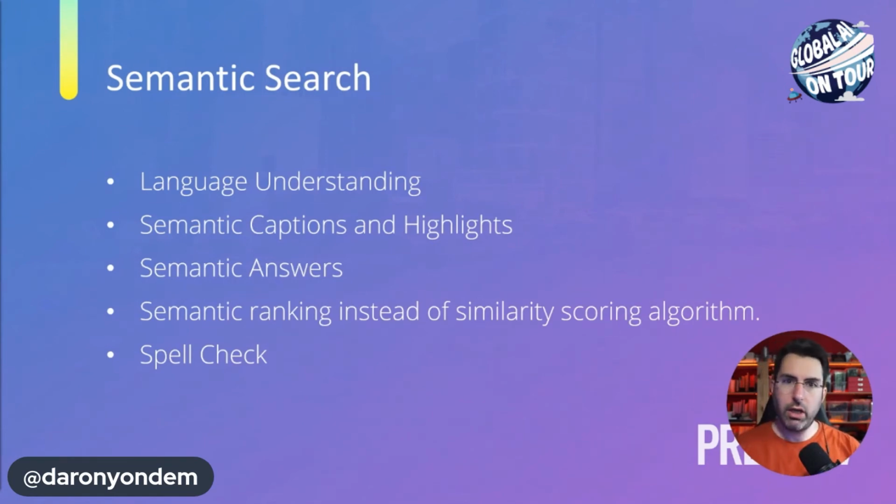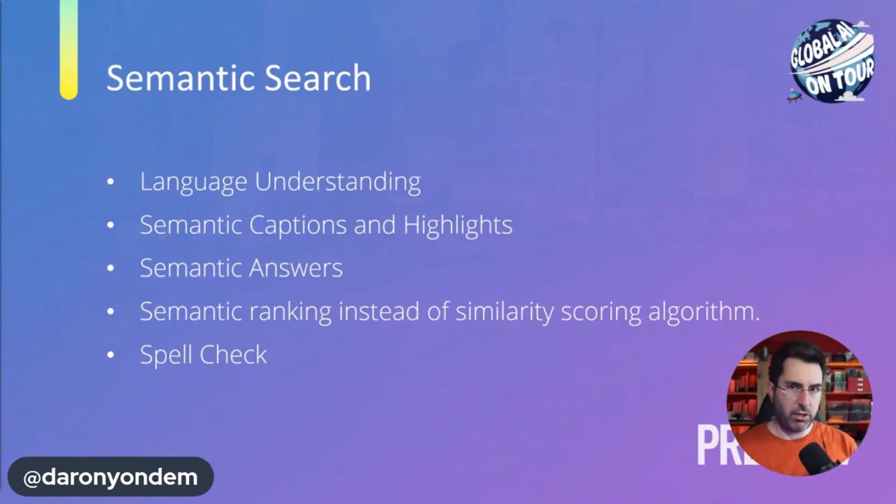It is looking into the semantics of it. It is trying to understand the context of that content through language understanding, to be able to rank your search results, which gets you a more accurate search result, based on the NLP implementation.